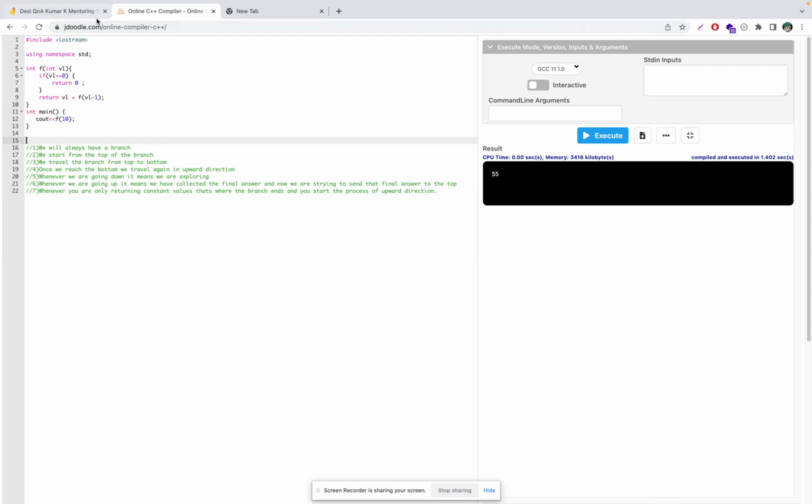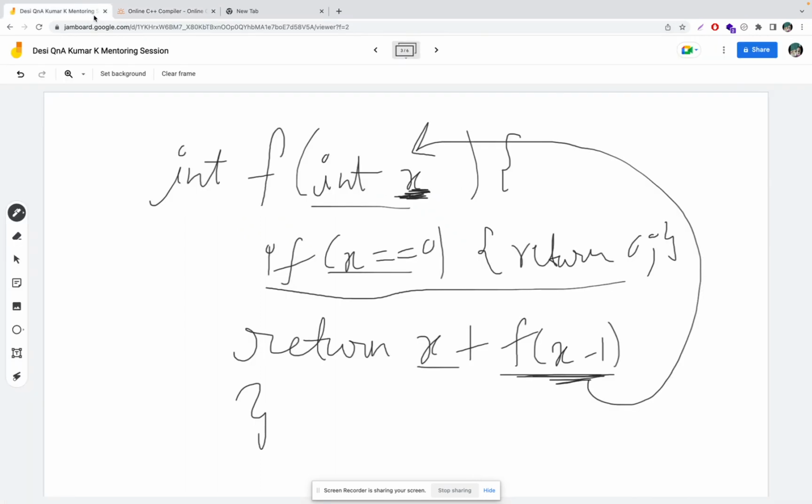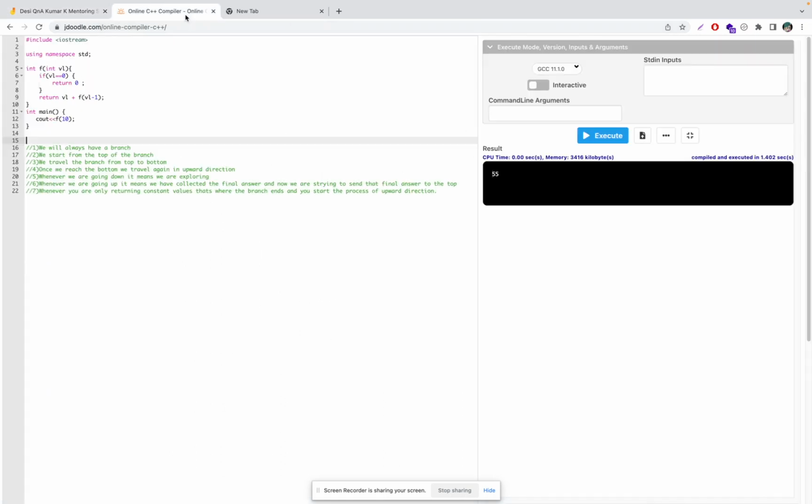So guys, what was the most important thing? Whenever you get a constant, see, here, if x equal to 0, you are returning a constant value 0. But when it was not 0, what were you returning? You were returning the value plus f of the value minus 1, which is not a constant number whose value you already know. You are writing a function f of something.